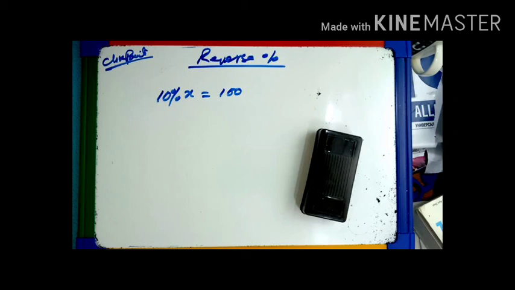What is something? This is your discount. $100 is your discount. What is the original value? 10% of some value is 100.